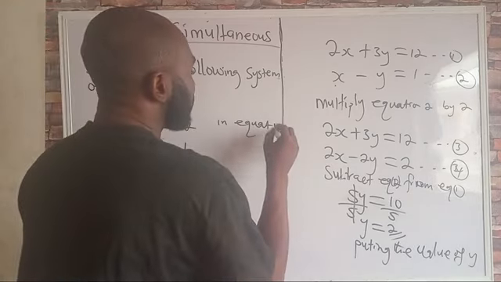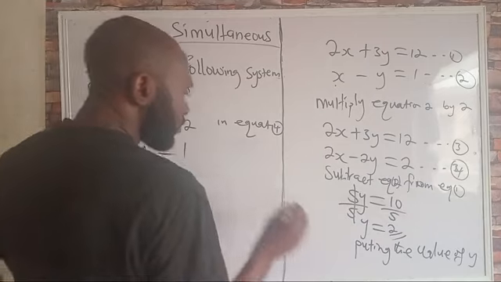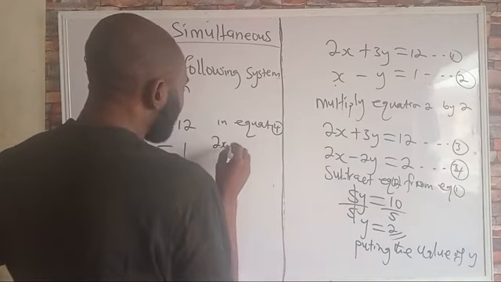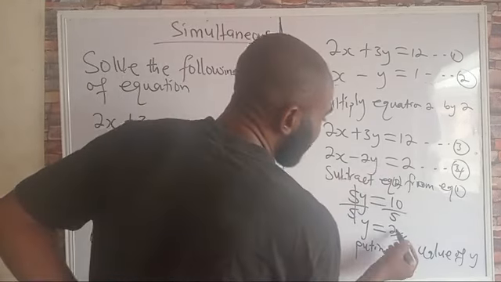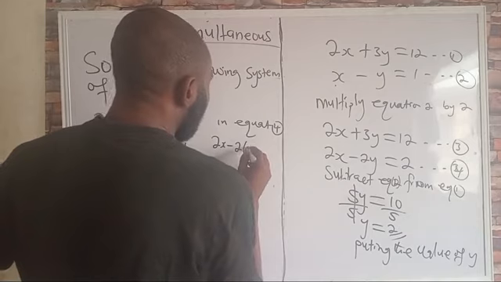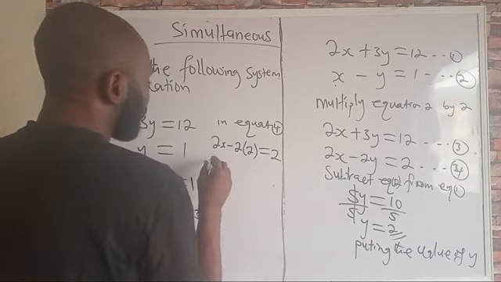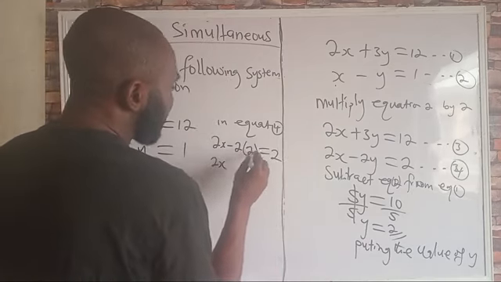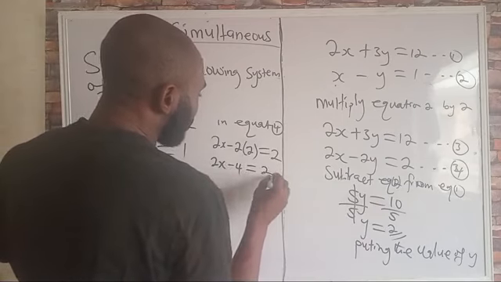So I will put it in equation 4 to make everything easy. I will now have 2x minus 2 times, where I see y, I will write 2 instead of y. Then it's equal to 2. So 2x minus 2 times 2, which gives minus 4, is equal to 2.